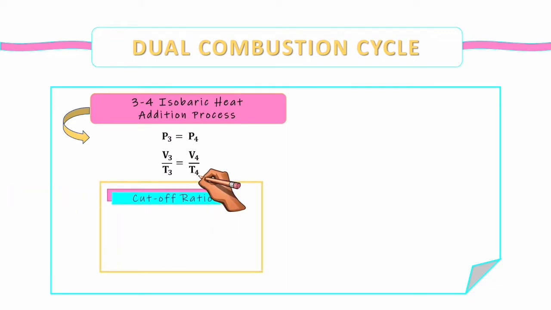It is the ratio between the volume at the end over the volume at the beginning of the isobaric heat addition process. So RC is equal to V4 over V3. Since P3 is equal to P4, we can also rewrite the cutoff ratio as RC is equal to T4 over T3.